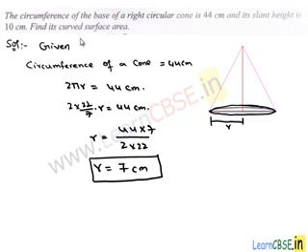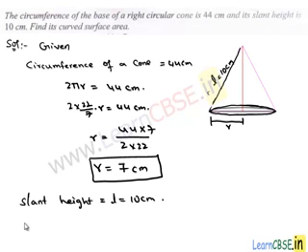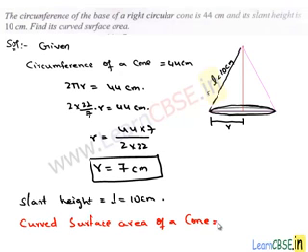We have to find out the curved surface area of this cone. To find this value, we are given the slant height, which is equal to 10 centimeters. And we know that the curved surface area of a cone is pi r l.